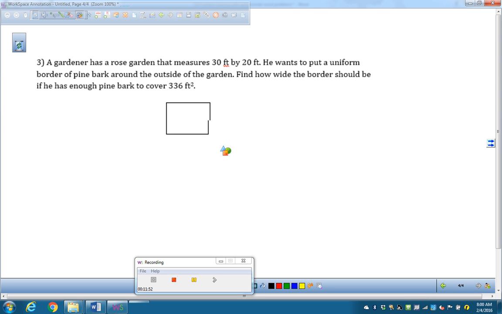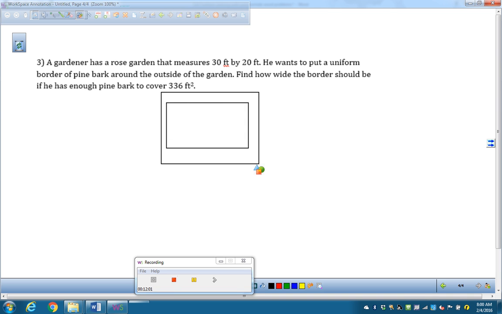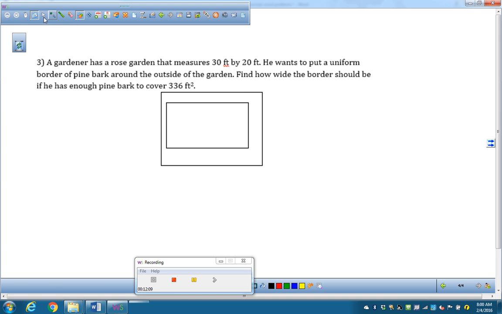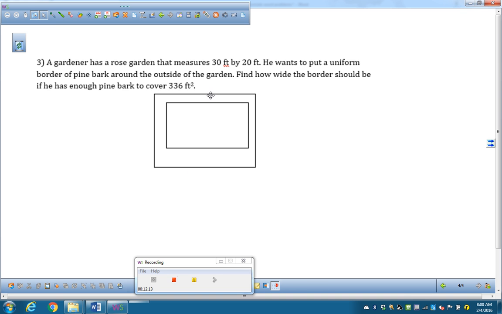So what you have here is a garden, and then another garden surrounding that garden. Let me see if I can move this so it looks better.